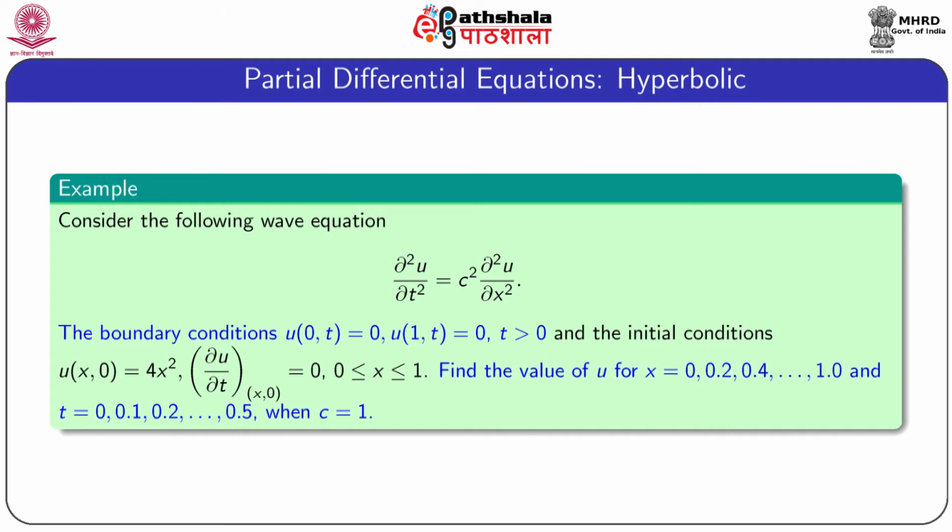Now, our problem is to find the value of u for x equal to 0, 0.2, 0.4 up to 1.0 and t equal to 0, 0.1, 0.2 up to 0.5 by taking c equal to 1. That means, here we assume that the speed of the wave is 1.